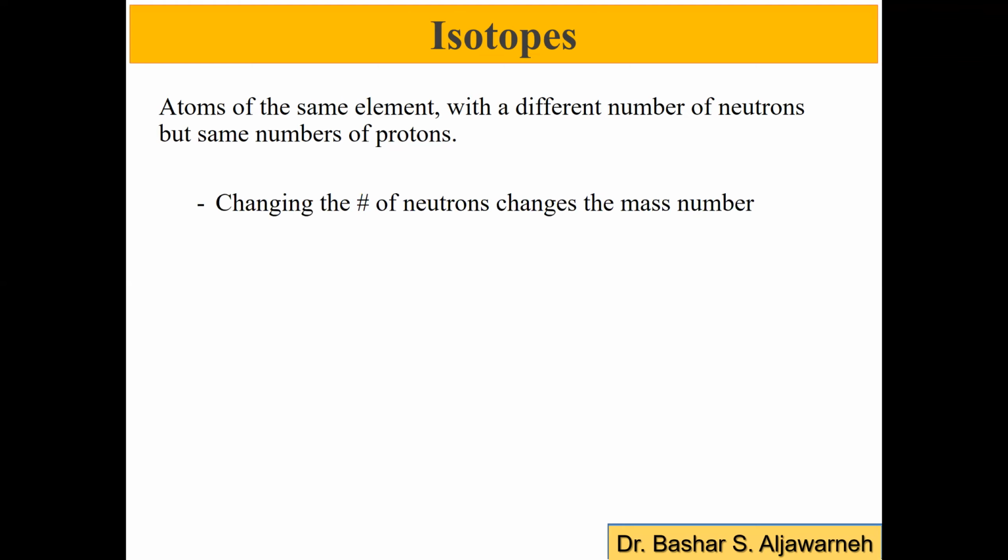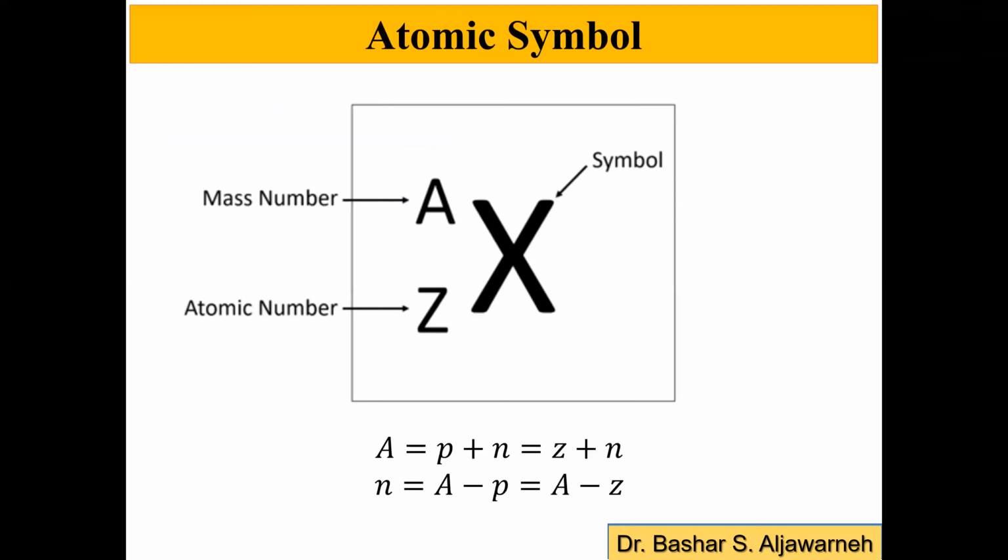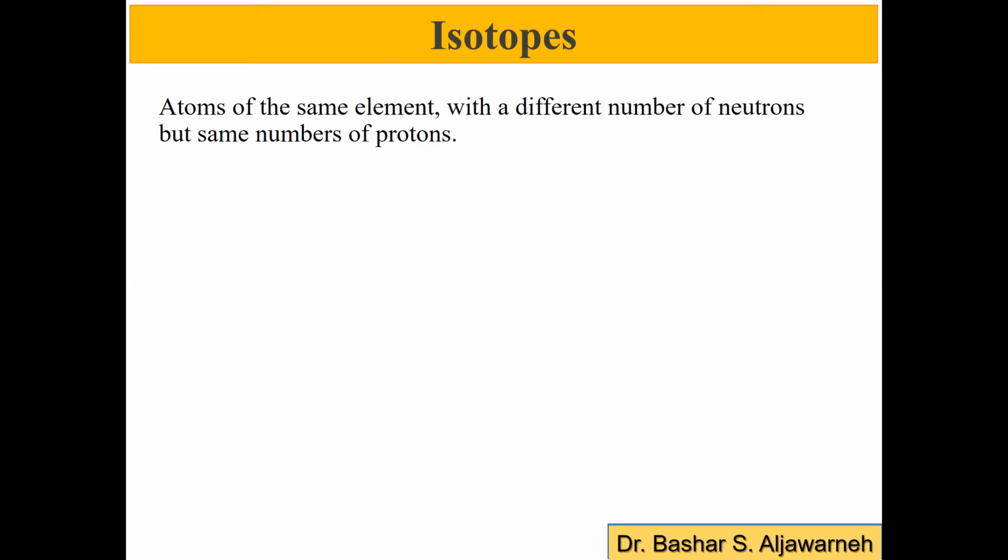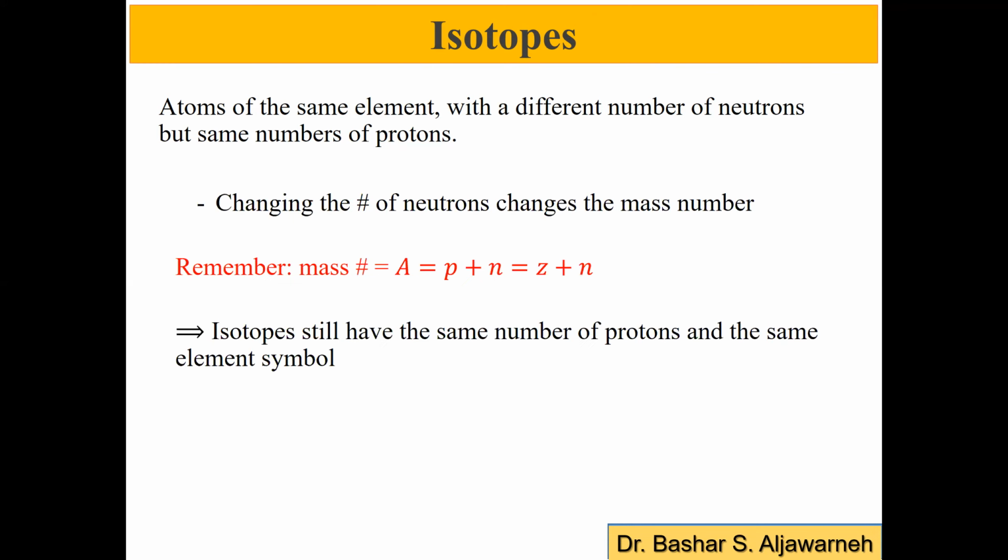In other words, in isotopes, changing the number of neutrons will change the mass number, because the mass number is the number of protons plus the number of neutrons. So if we change the number of neutrons, the mass number will change.